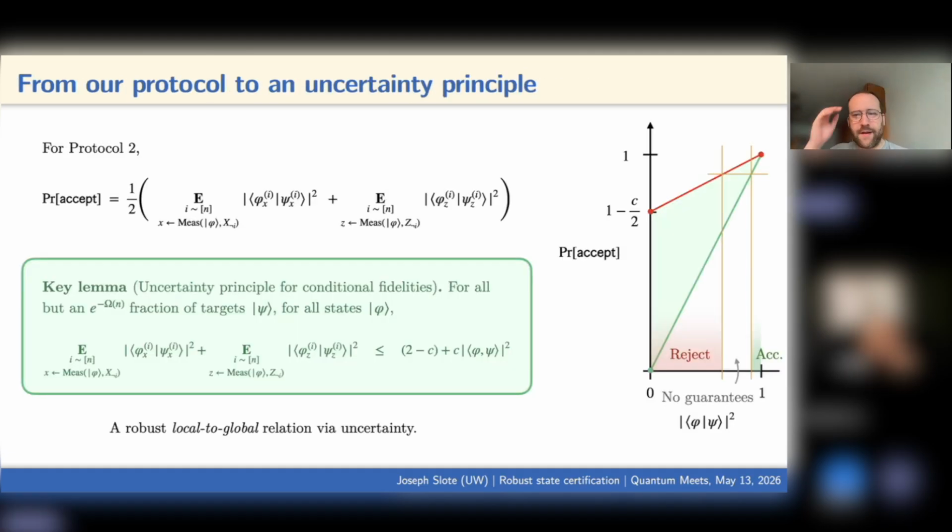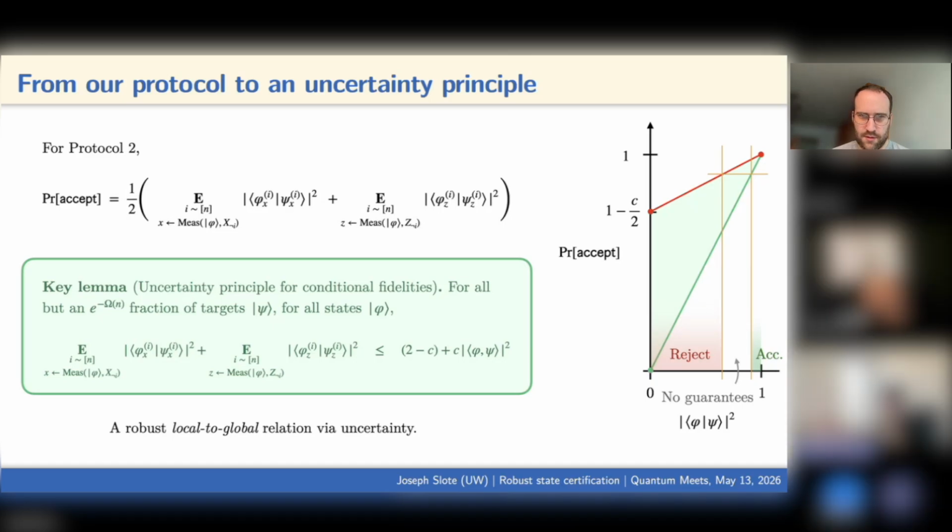Okay, so let me just pause. Any questions about this uncertainty principle? I still have some question. I'm still trying to digest the intuition that you were explaining a bit earlier.